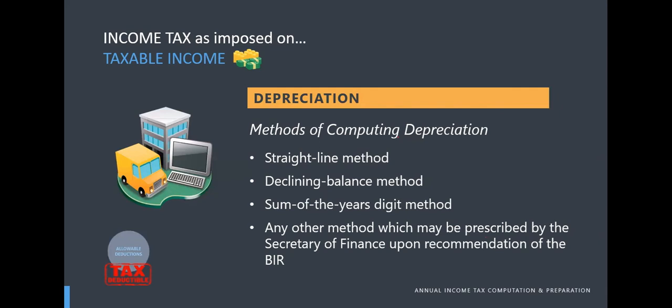The method of depreciation must be explicitly disclosed in the notes to the financial statements to prevent or minimize confusion on the method of depreciation being used, so as to avoid tax exposures.